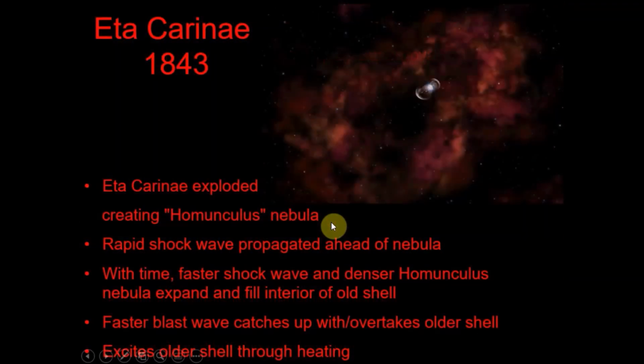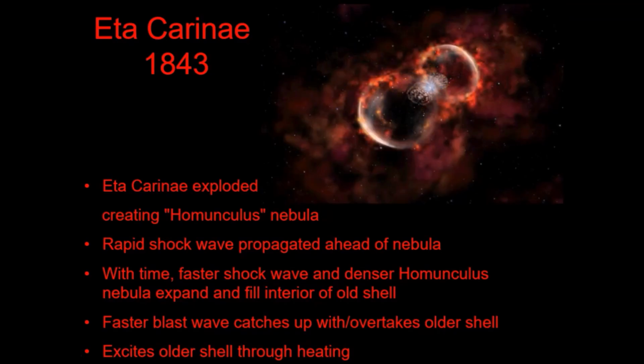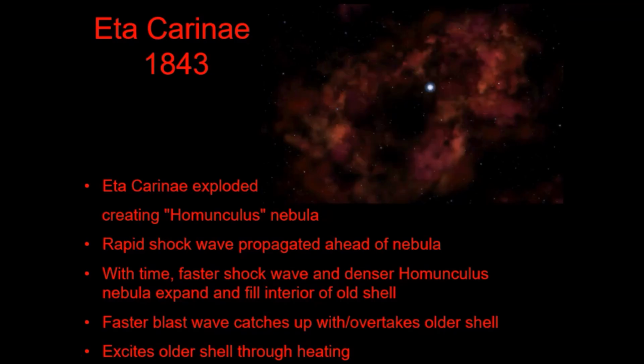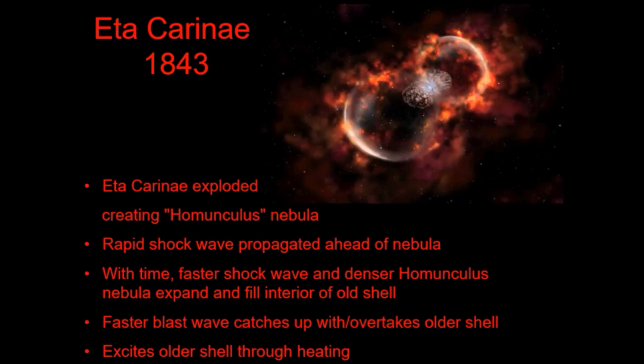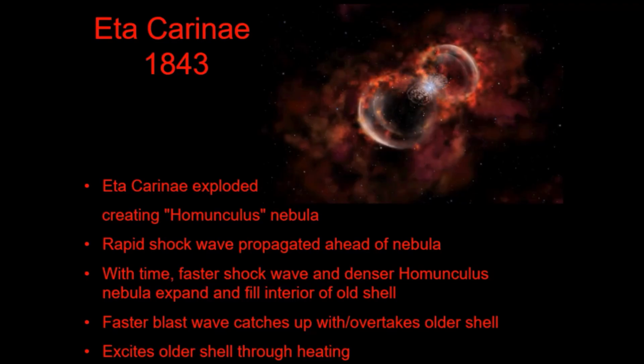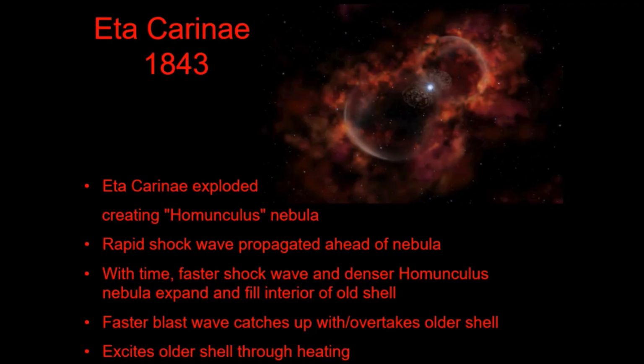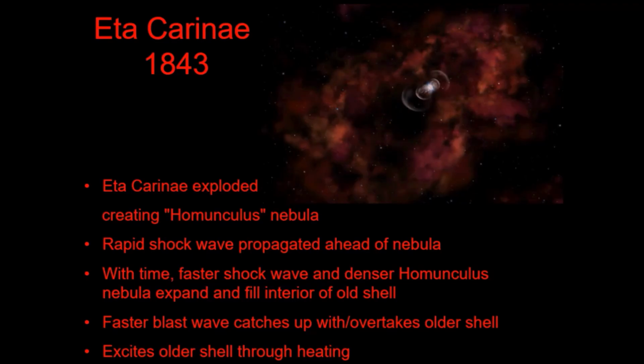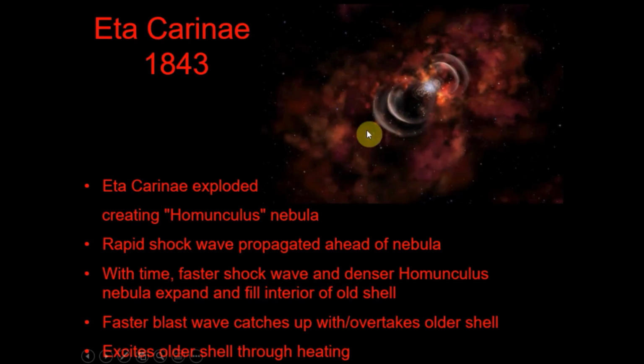And in terms of astronomical objects, looking at something like Eta Carina, a star which exploded in 1843 and created a nebula of its own. A rapid shock wave headed through the nebula and excited the nebula, and actually ended up with several successive shock waves overtaking each shell and causing massive excitation to give us this really nice kind of stellar fireworks show.